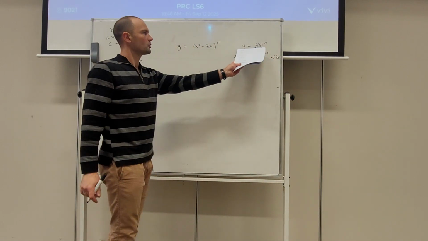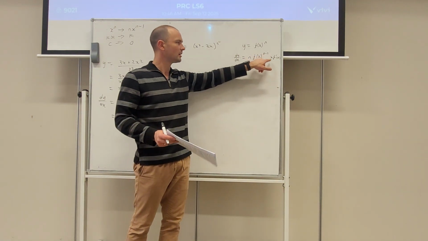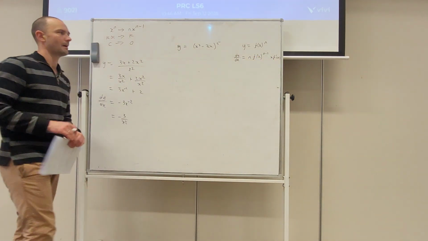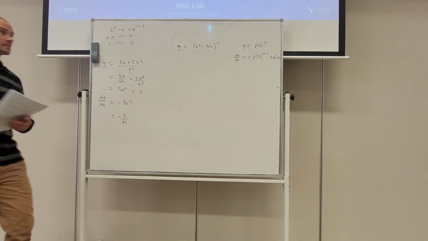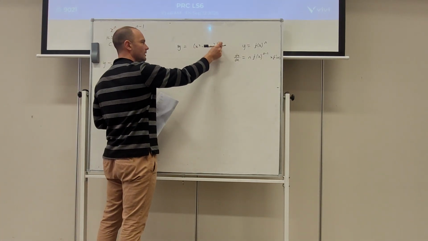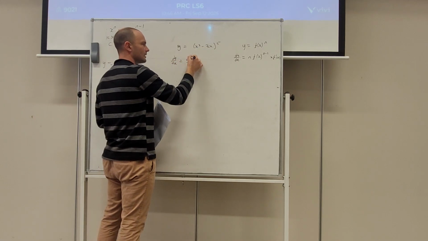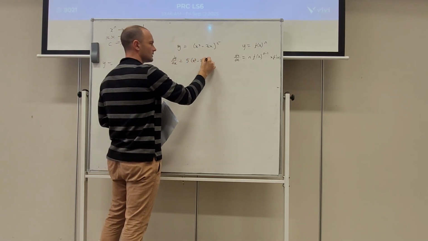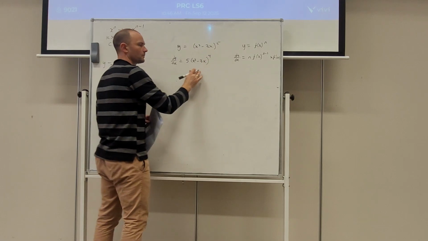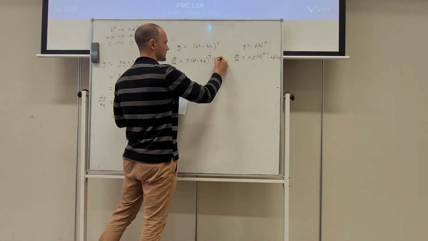If we have a function to the power of n, then the derivative is n f of x to the n take 1, multiplied by the derivative of that function, f dash of x. We have a function to the power of n, so the derivative is n f of x to the n take 1, and then multiplied by f dash of x.